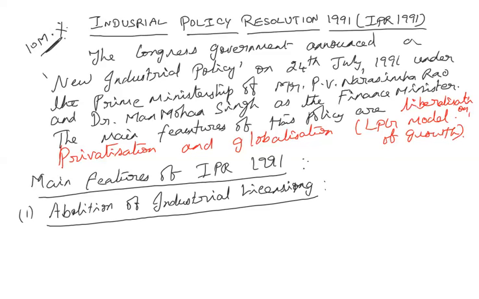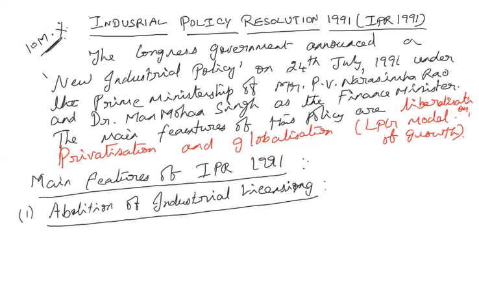So it was easy for the private sector to start their units and industries. Only for certain industries did the government make obtaining licenses compulsory. For all the remaining units, it is not compulsory.